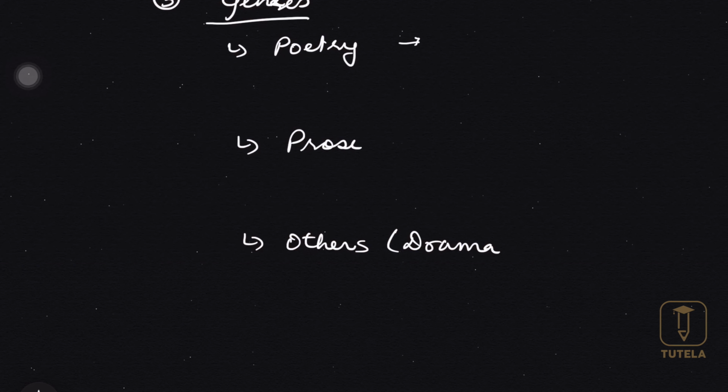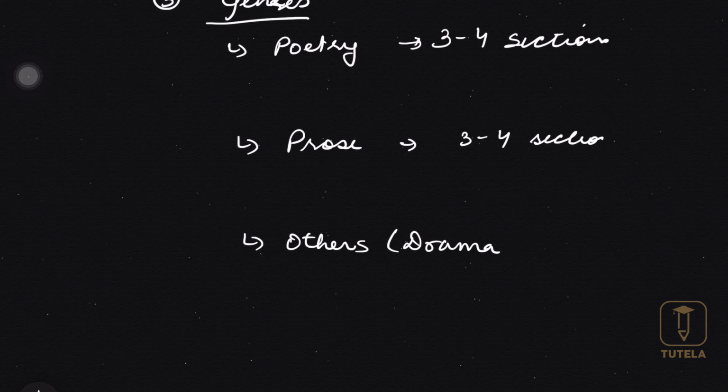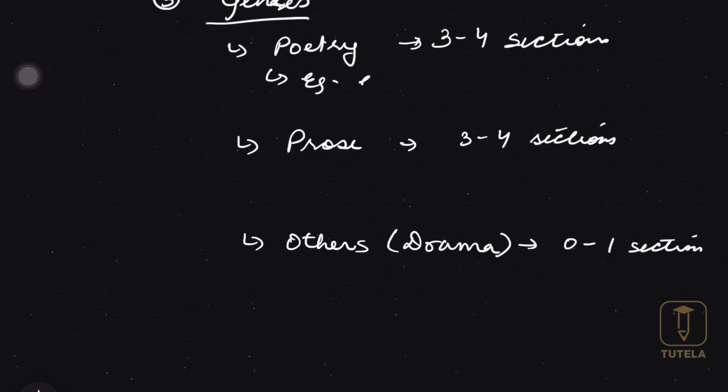So you may find 3 to 4 sections of poetry, and prose, again 3 to 4 sections of prose, followed by maybe none to 1 section from drama. Poetry, mostly, there are different types of poetry, right? For example, an epic or a lyric or a long narrative poem, open-ended, close-ended forms of poetry, and many, many more.